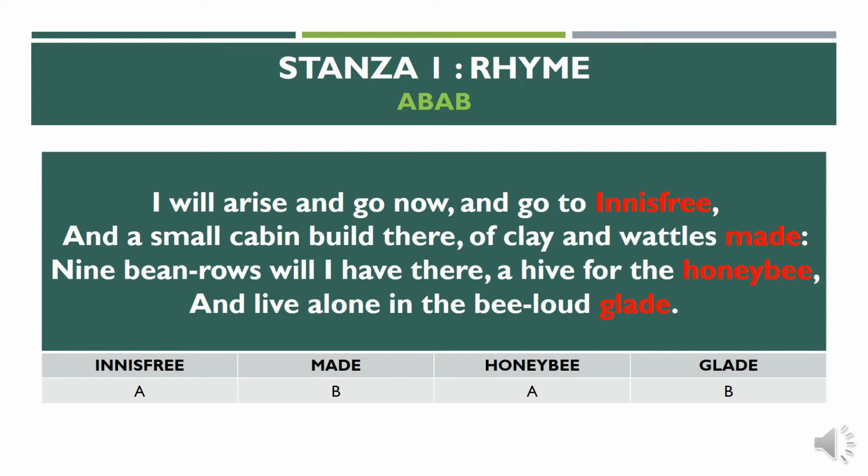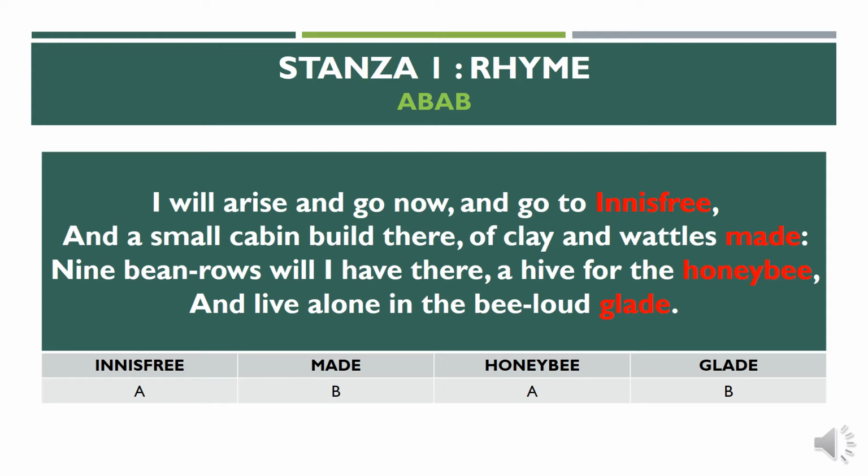First of all, we will see the rhyme scheme of each stanza. Stanza number 1 has the rhyme scheme ABAB. How is it ABAB? Let's figure it out. The last word of the first line is Innisfree, and in the third line it is honey bee.